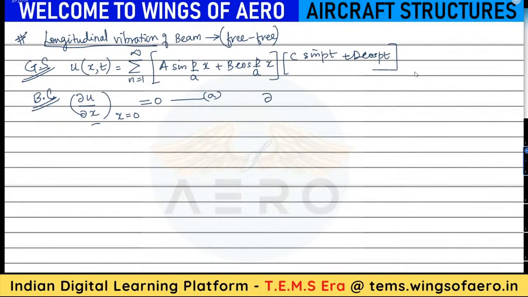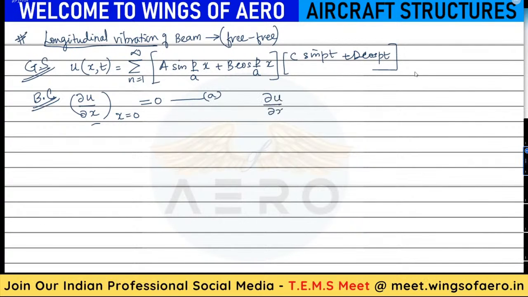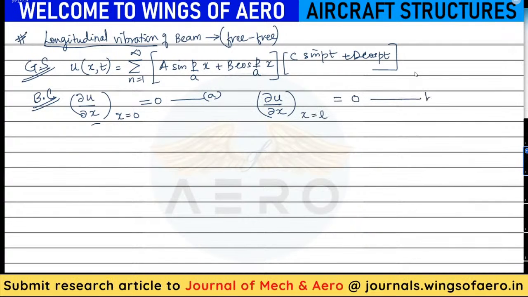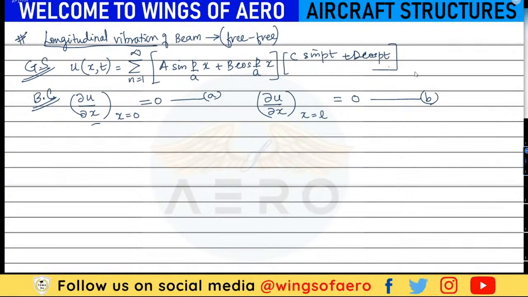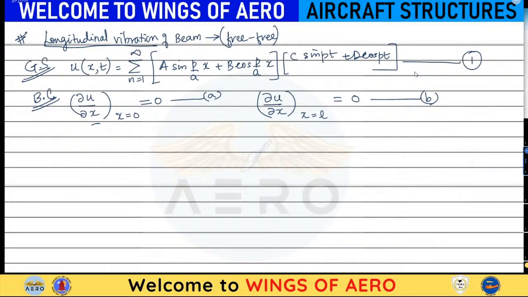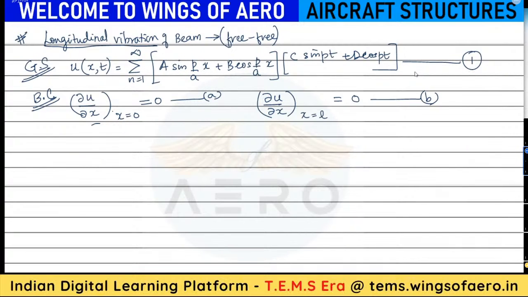The second condition is dou u by dou x when x is equal to L is also 0. That means we need to partially differentiate the first equation with respect to x, so that we can substitute these.